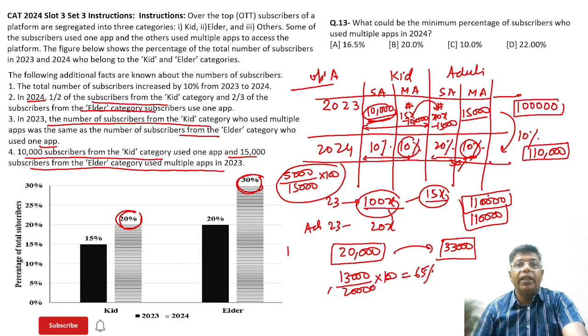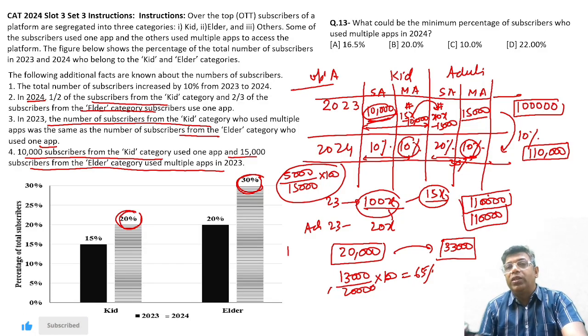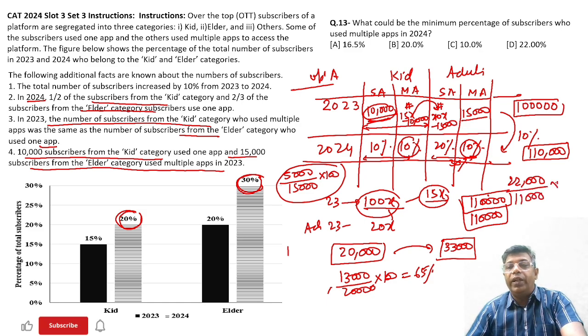Now in the others category, no data is given, and since I want to minimize the users of multiple apps, I will assume that no one from the other category is using multiple apps. So in that case, at least these 22,000 are going to use multiple apps. In that case, my answer will become 20%.